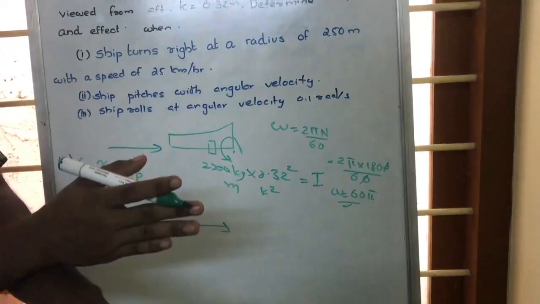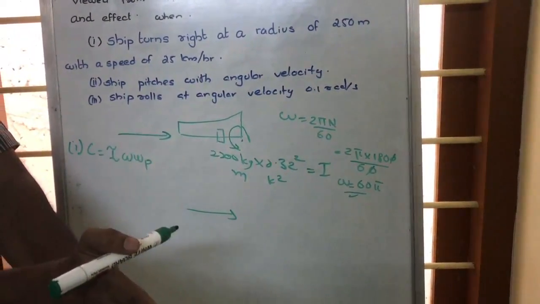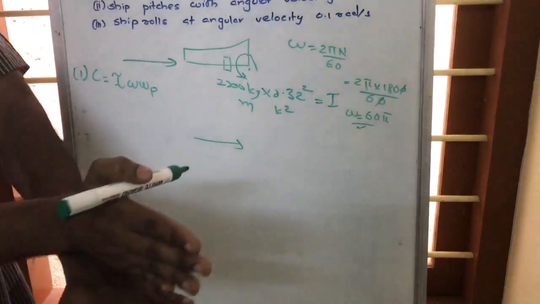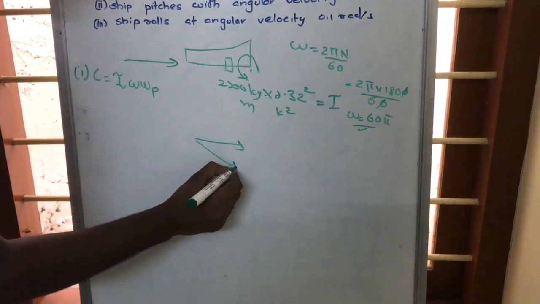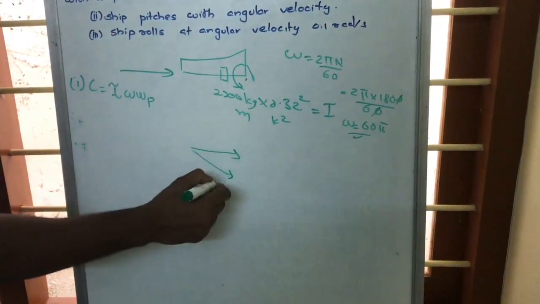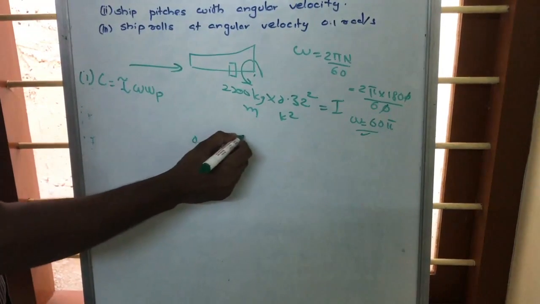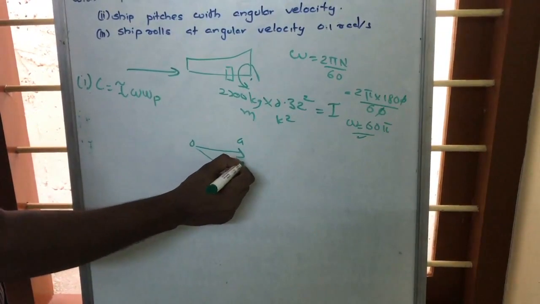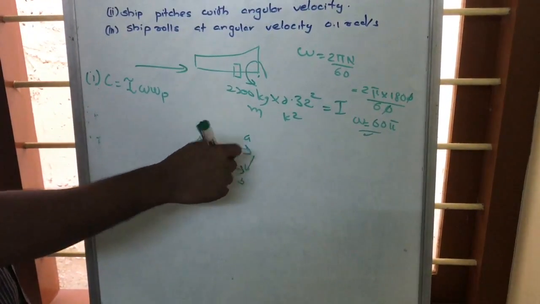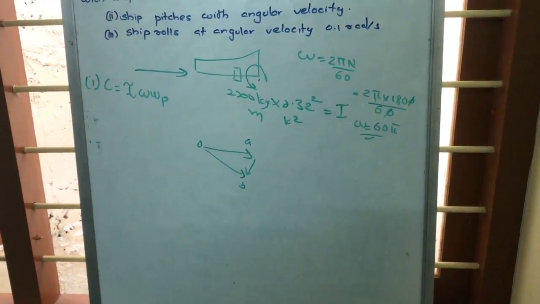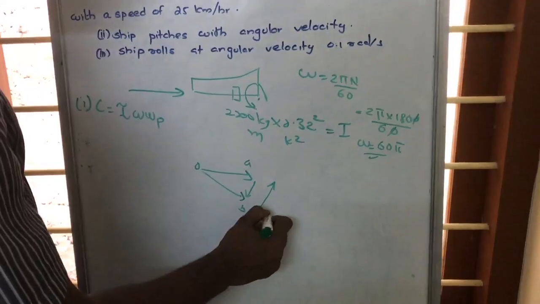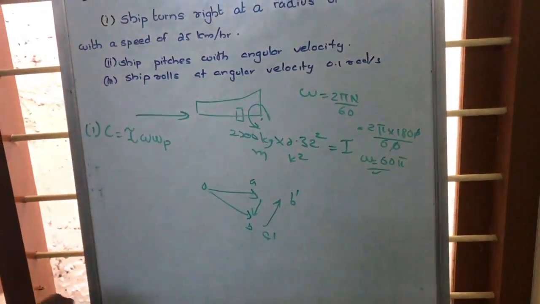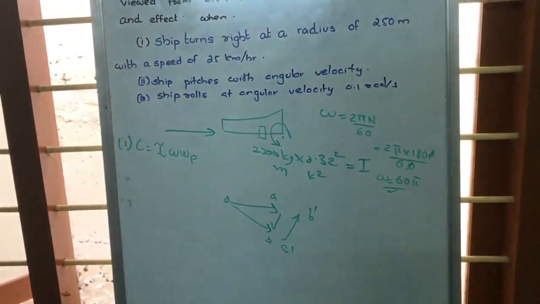Now the ship is turning right, so omega will also turn right, and the new omega we can represent somewhat like this. So OA is the initial, OB is the final, so the change in omega is represented by this AB. So a reaction force, that is A dash B dash, will be formed, and because of that there will be a gyroscopic effect.